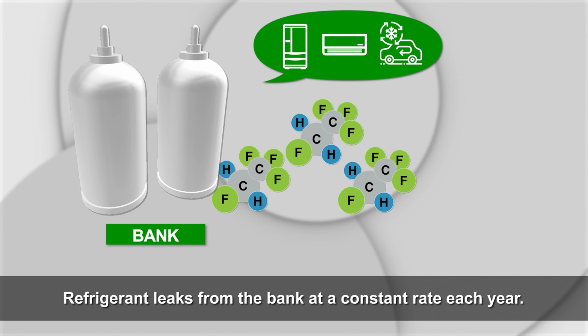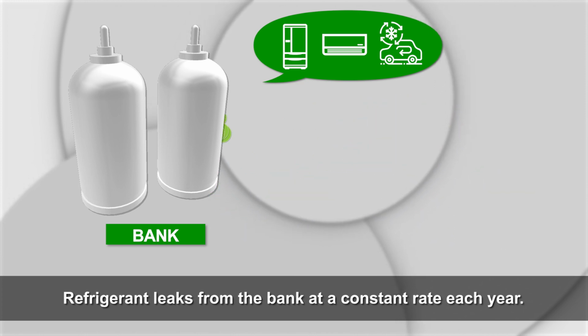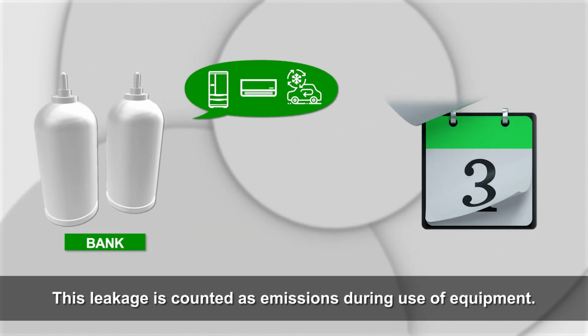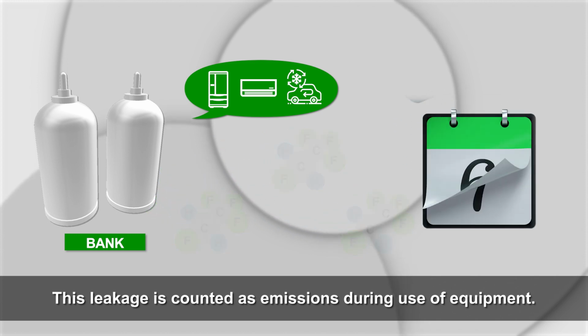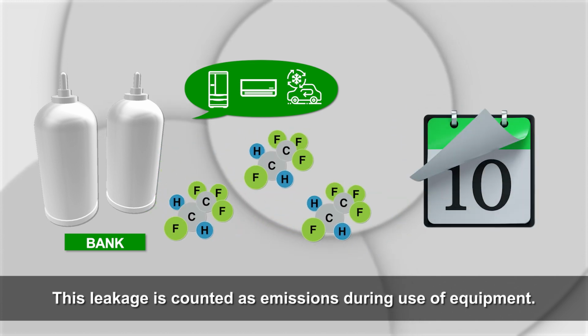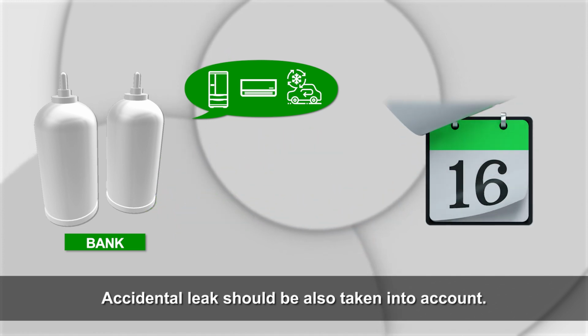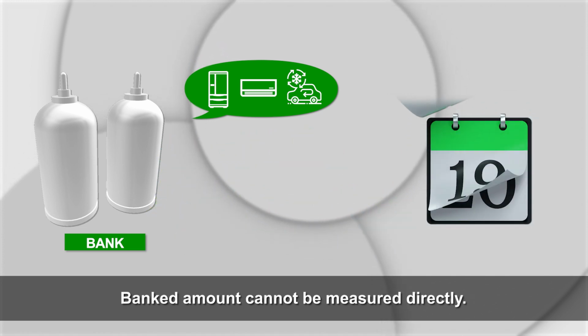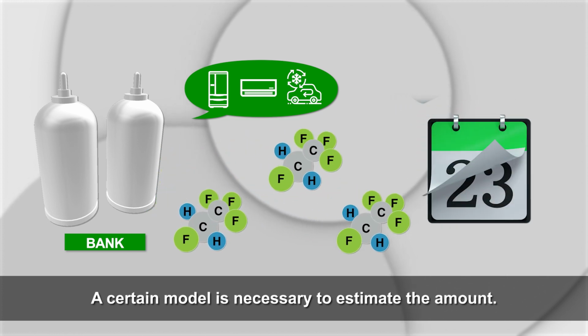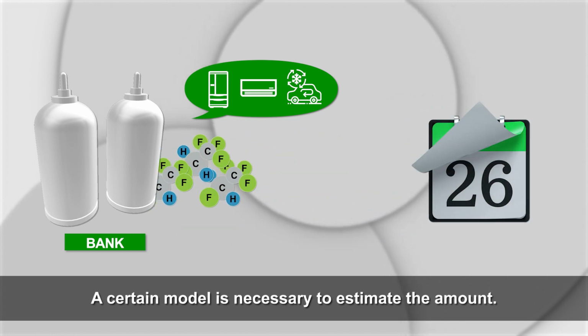Refrigerant leaks from the bank at a constant rate each year. This leakage is counted as emissions during use of equipment. Accidental leaks should also be taken into account. Banked amount cannot be measured directly. A certain model is necessary to estimate the amount.